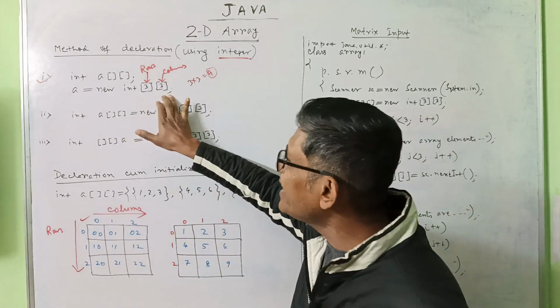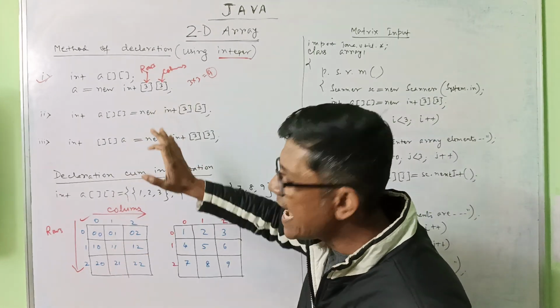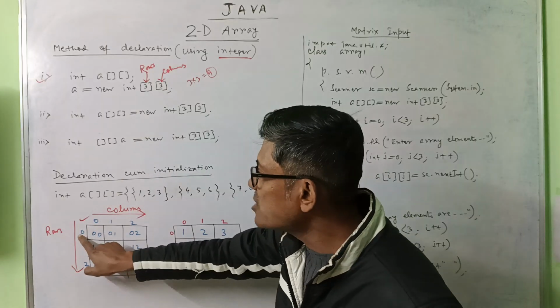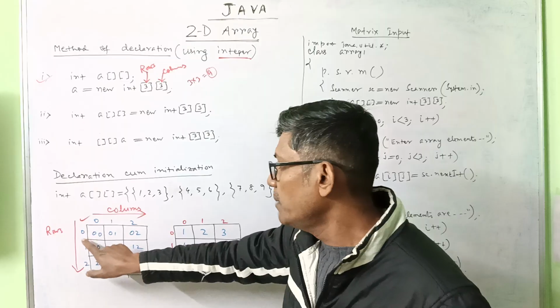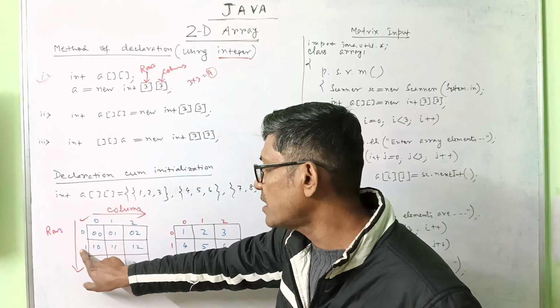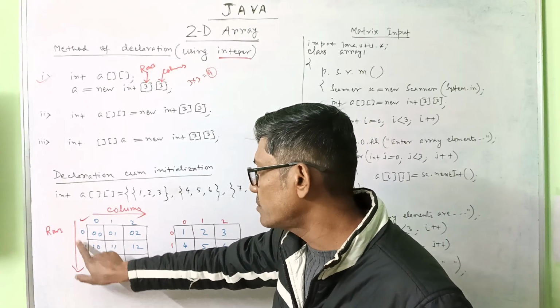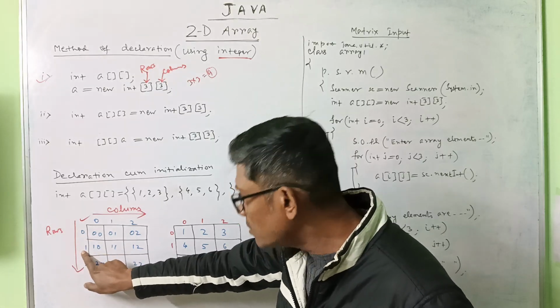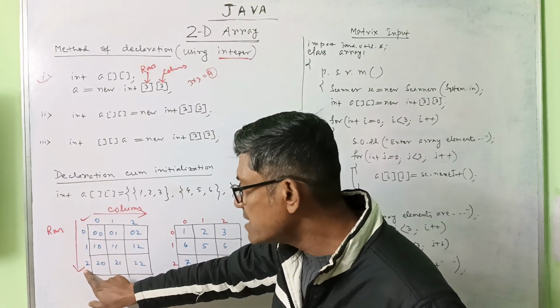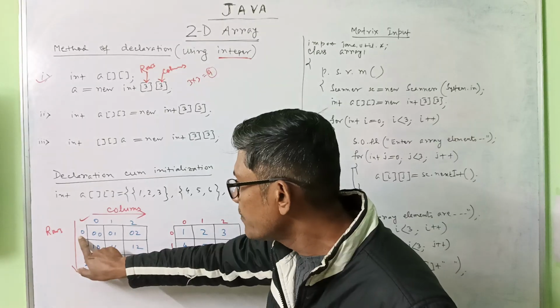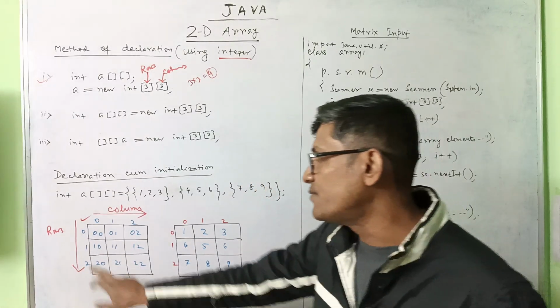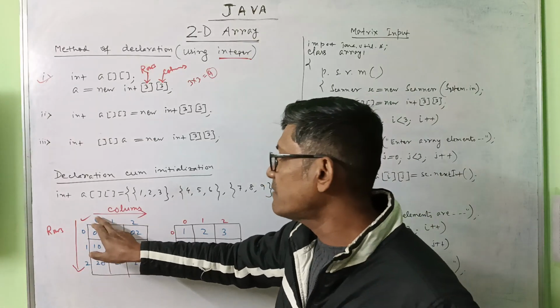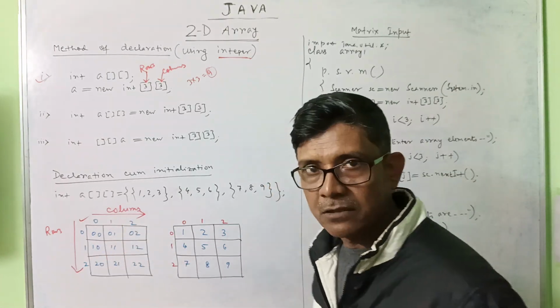Whenever you are doing this, in an array you will see the first location will be 0, and this is also 0, that means 0th row, 0th column. Then 0th row, 1st column, which is the second column. The numbering starts from 0, and left to right we have the first column, second column and third column.